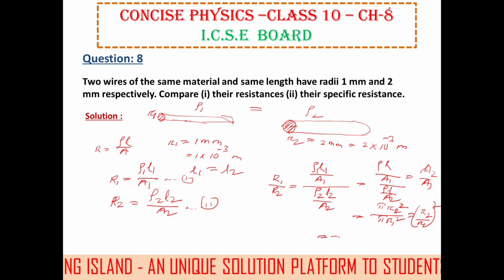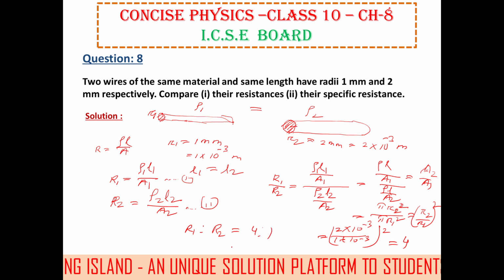So if I put the values, 2 into 10 to the power minus 3 over 1 into 10 to the power minus 3, whole square, I will get 4. So that means R1 is to R2 will be 4 is to 1.